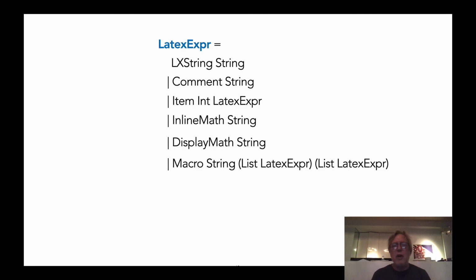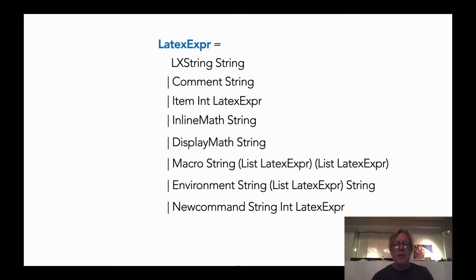So you just enumerate all the things that you know you need to do in LaTeX. You have to have macros. A macro has a name, it has a list of optional arguments, and it has a list of arguments, and those arguments themselves may be LaTeX expressions. So this type is a recursive type. Same with environments. They have a name, that's the string. They have possibly arguments, and then there's the body, which I just parse as a string, unprocessed.